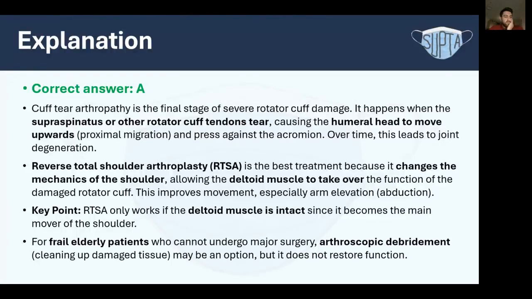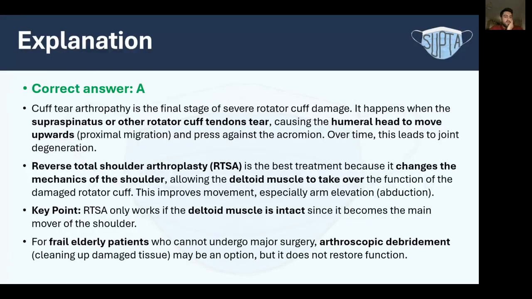RTSA, reverse total shoulder arthroplasty, is the best treatment in this scenario because it changes the mechanics of the shoulder, allowing the deltoid muscle to take over the function of the damaged rotator cuff, and this improves movements, especially arm elevation and abduction.